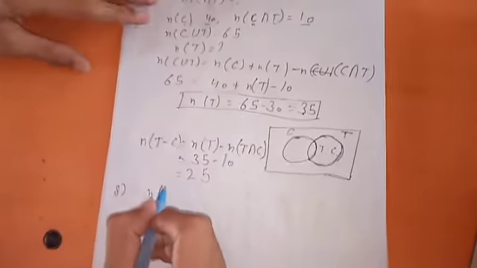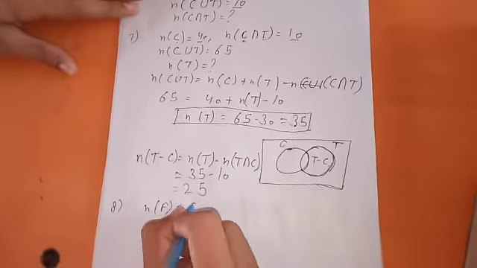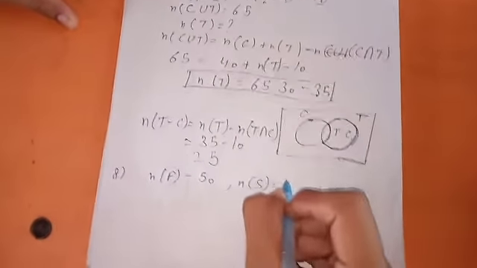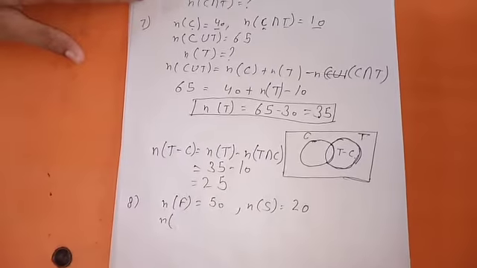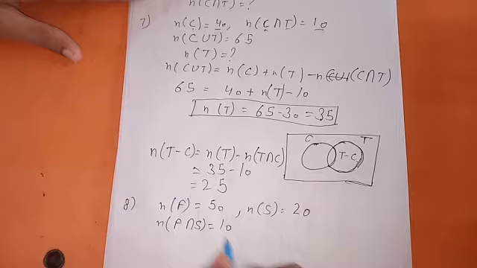It is given that the number of people who speak French, say F is the set, is 50, 20 speak Spanish, and 10 speak both, meaning n of F intersection S is given to us as 10.